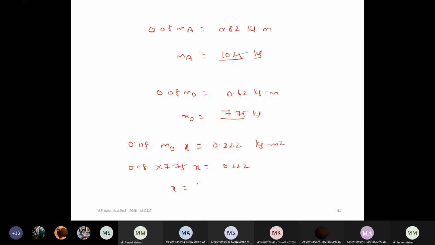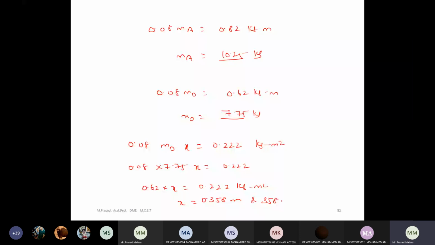First, that comes as 0.62 into X equals 0.322. From this X is equal to 0.322 divided by 0.62. That is 0.358 meters or 358 mm.